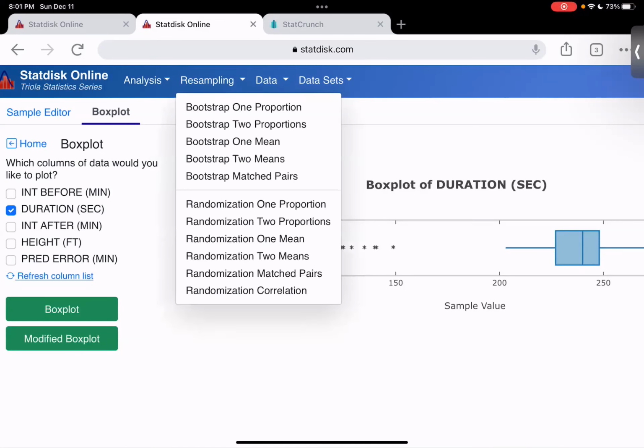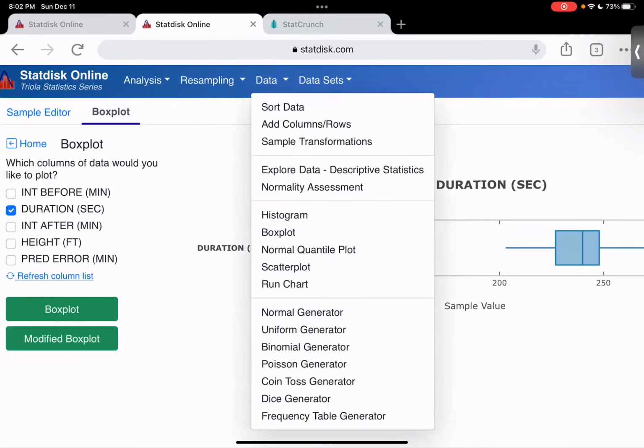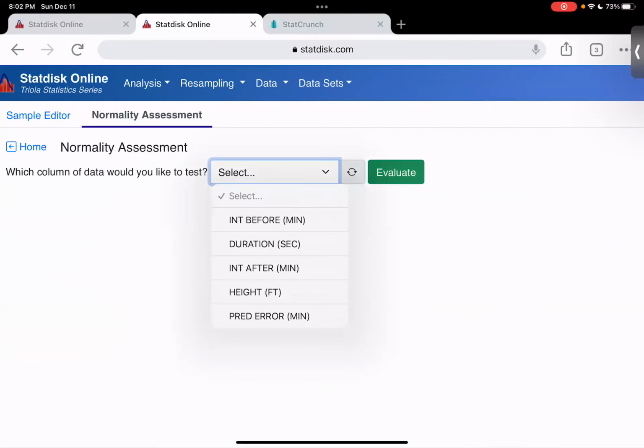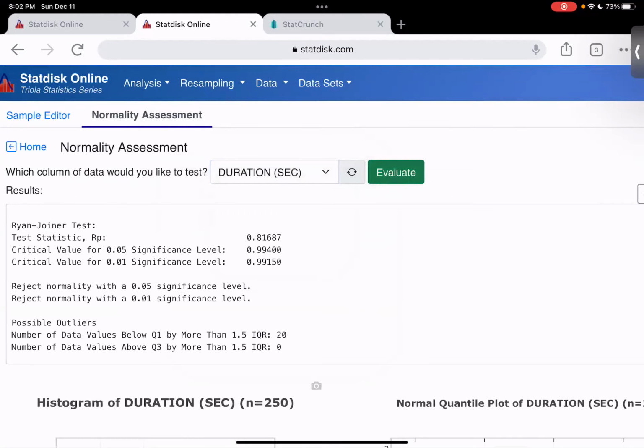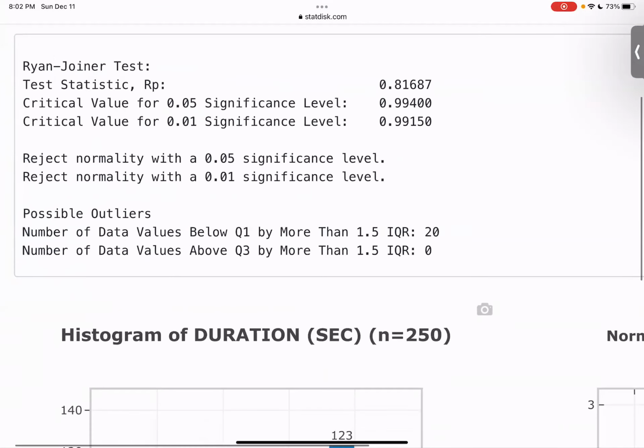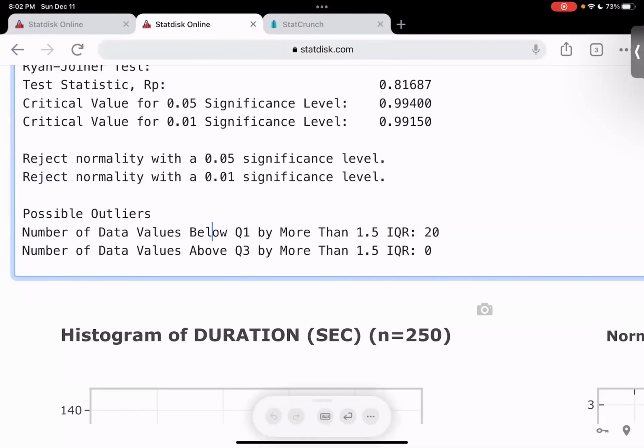Let's go back to the same test we did, and then we choose the same one. Okay, so they say the number of data values below Q1 by more than 1.5 times IQR is equal to 20, right?